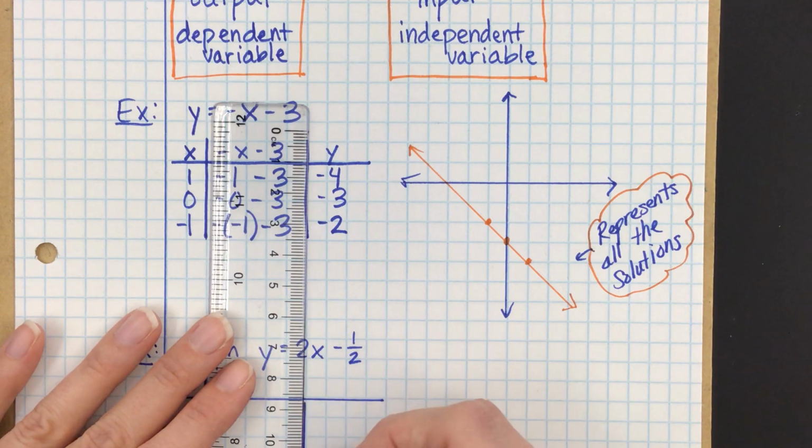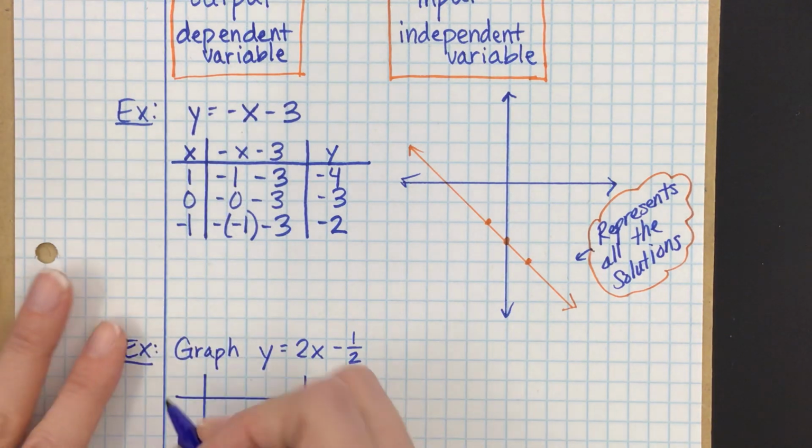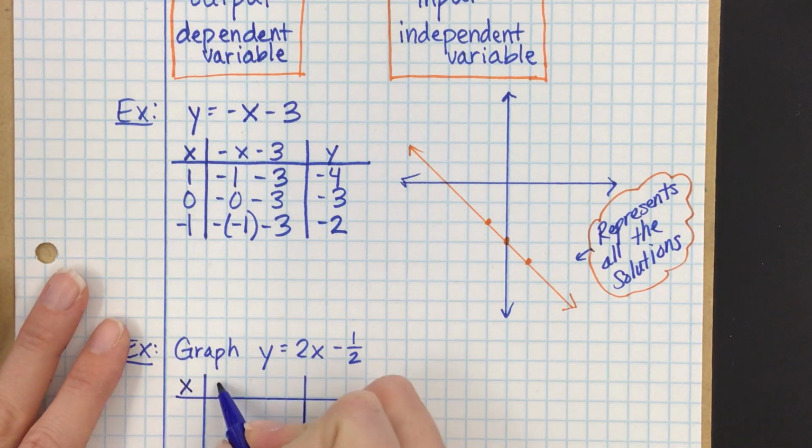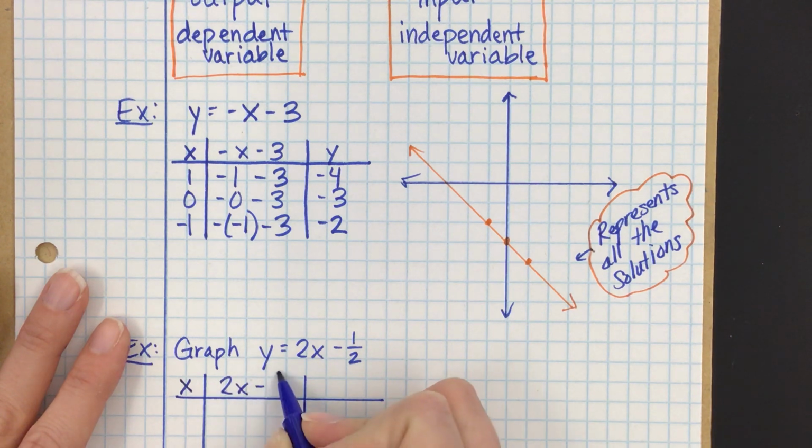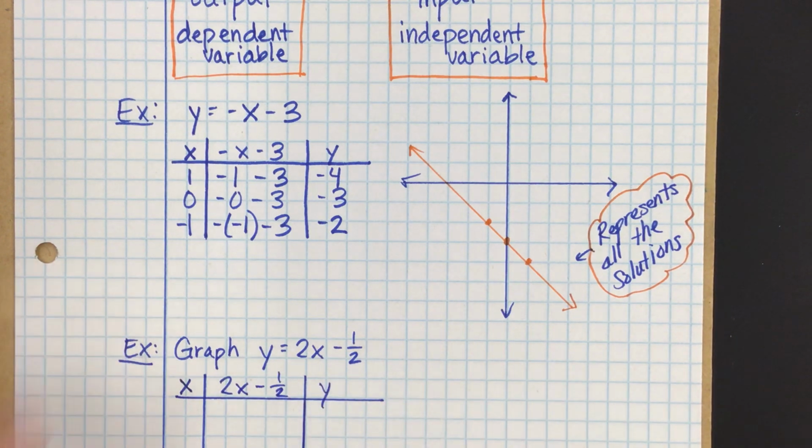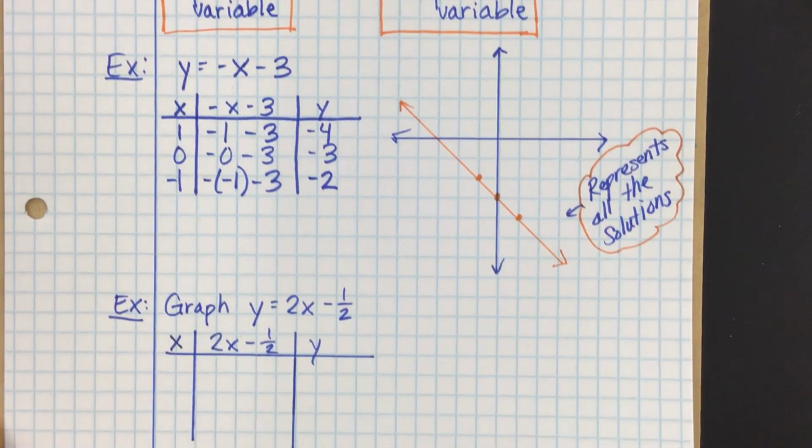I probably made that bigger than I needed to, but that's okay. Again, I'm just going to stick with my tried and true 1, 0, -1 for that.